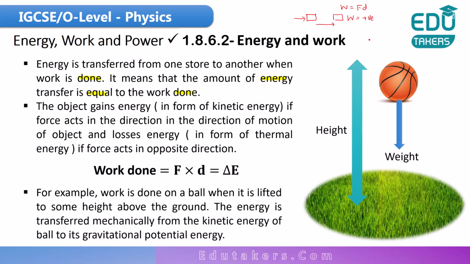But in the second case, I apply the force on the object in this direction, but the object displaces in the opposite direction. So in this case, the work done is negative because the distance moved by the object is in the opposite direction to the applied force. That's why the work is negative.